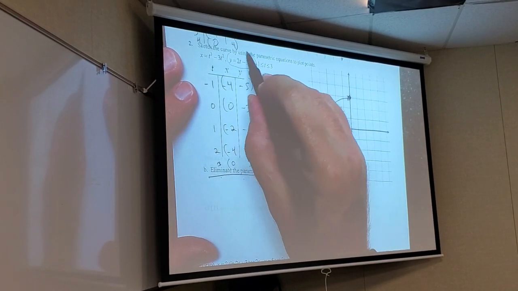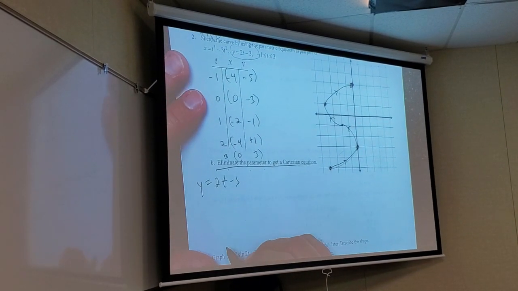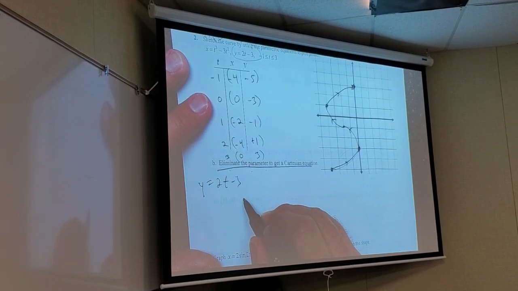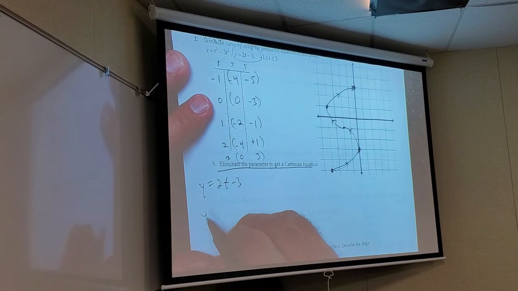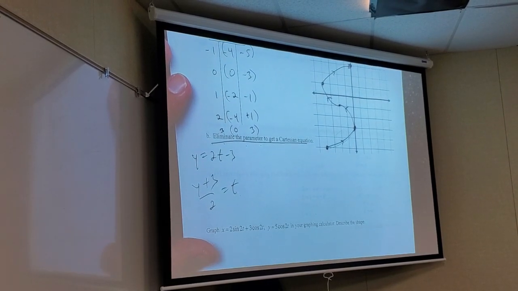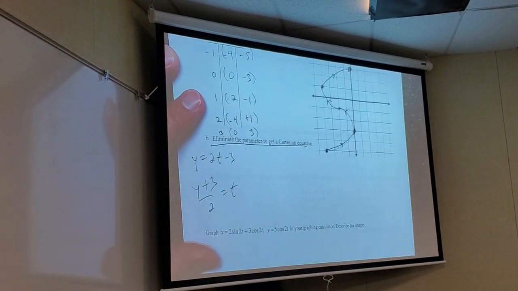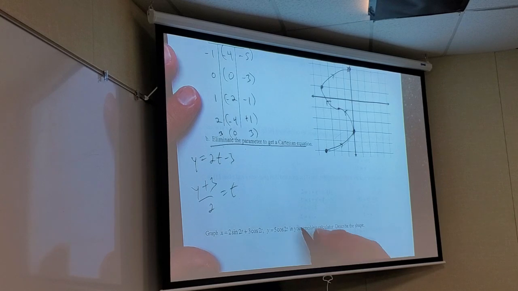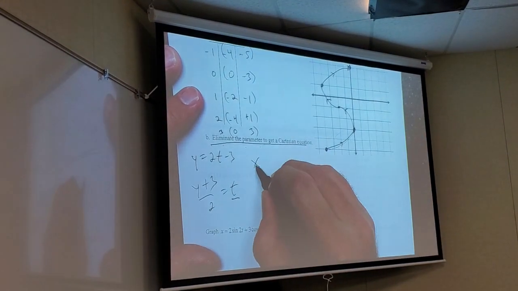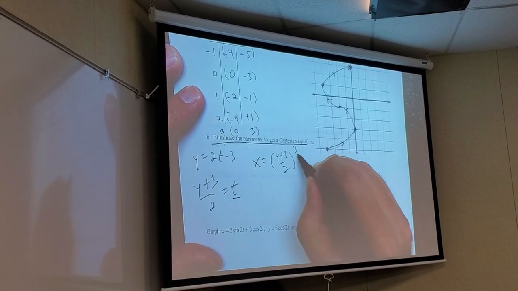This is what I get when I solve that for T. Y plus 3 divided by 2. You have to add 3, right? And then divide by 2. Is that cool? To get T by itself? So now I know what T is, right? So in the X equation, I can replace T with what it is.